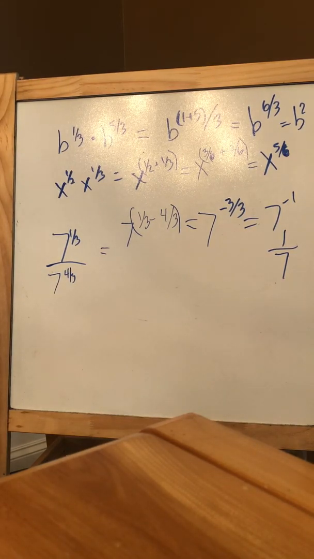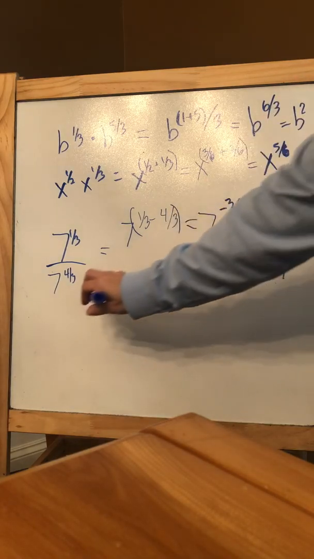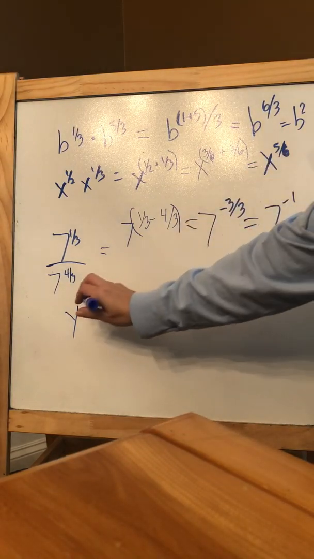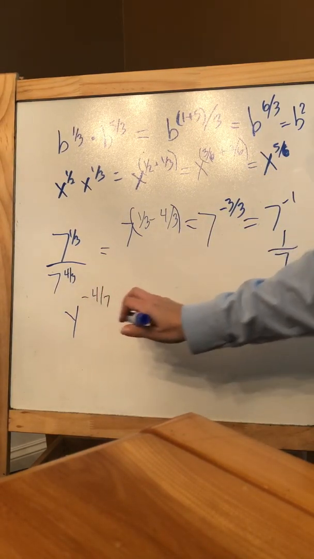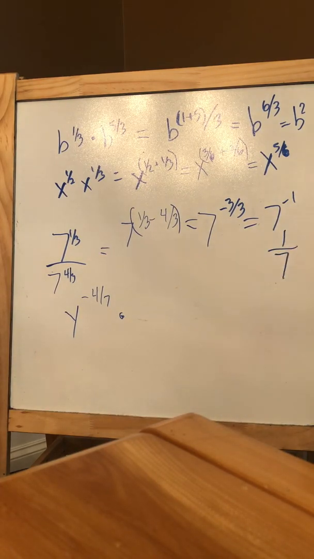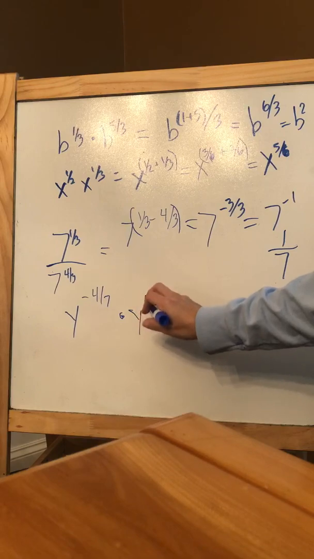Okay, so let's look at D. For D, we have y to the -4/7 times y to the 6/7.